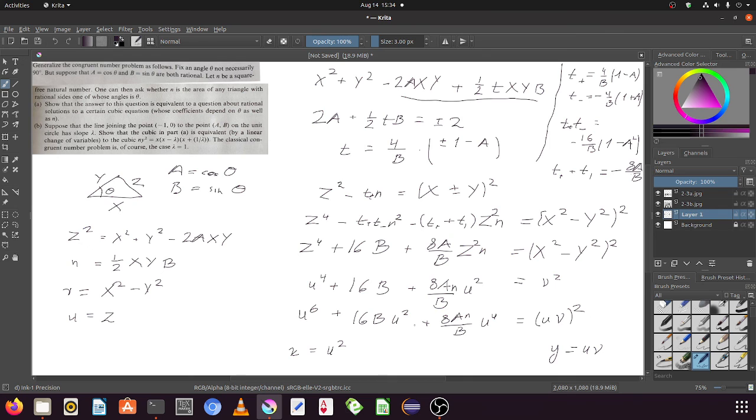Then we have a cubic equation being y squared equals x to the third plus 8an divided by b x to the second plus 16bx. And shouldn't we have n squared? Oh no. So that's the equation.